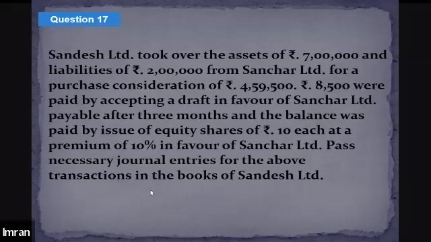So basically, Sandesh took over the asset and liability, and in consideration, Sandesh Limited paid Sanchar Limited 4,59,500. 8,500 were paid by accepting a draft in favor of Sanchar Limited, payable after 3 months, and the balance was paid by issue of equity shares in favor of Sanchar Limited. Pass the journal entries.